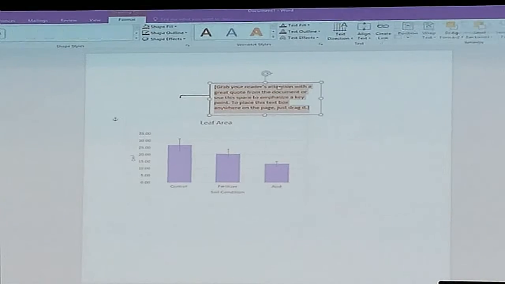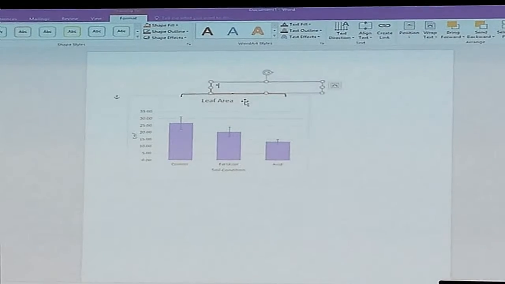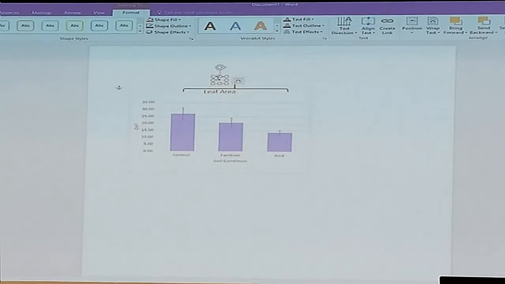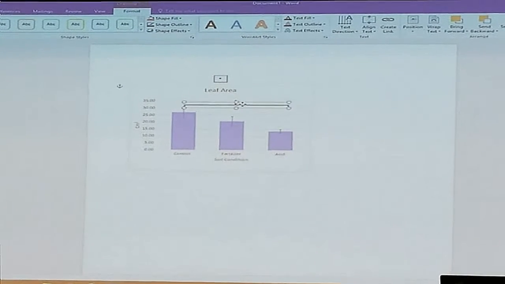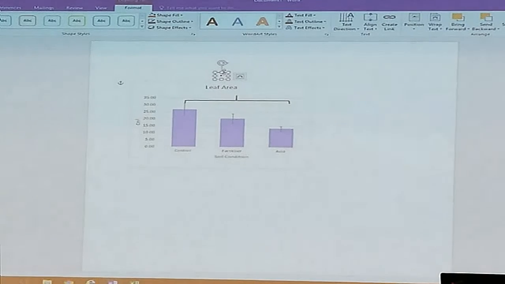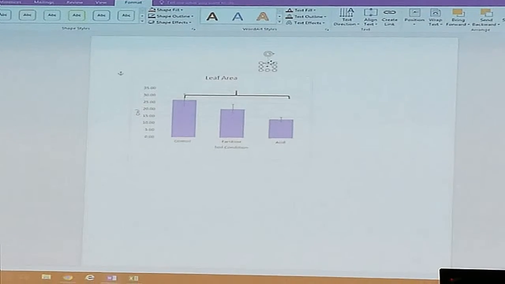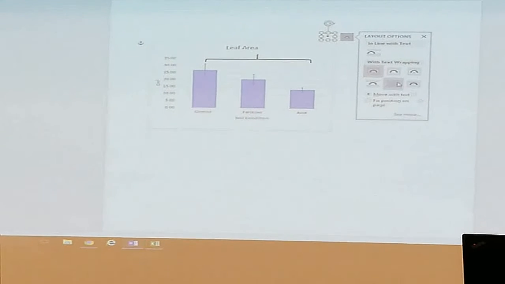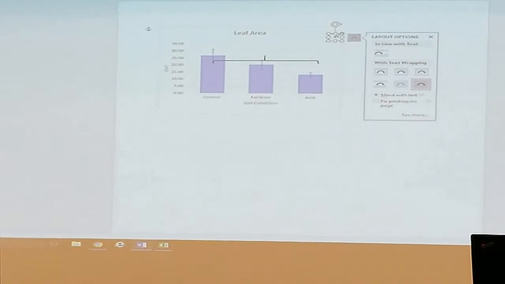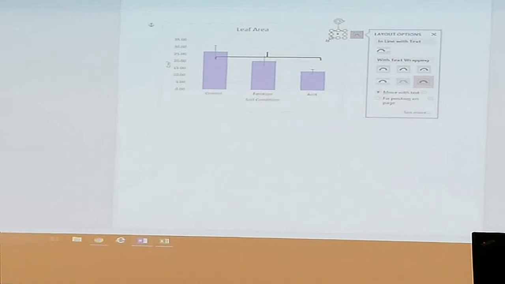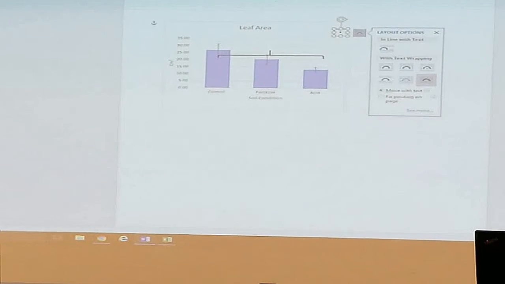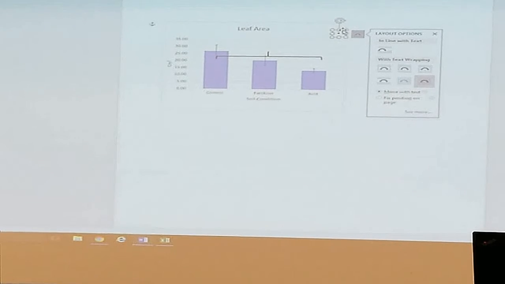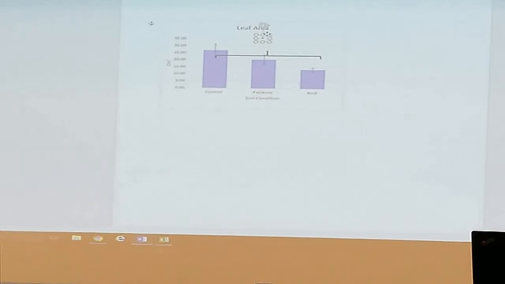A single solitary asterisk. And hold on a second now. I have to figure out what I'm doing. Oh, I take this box out. I don't want this box around my asterisk. How do I do that? Shape outline. There we go. All right.